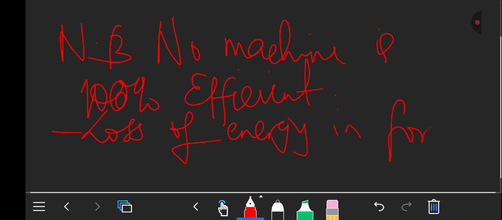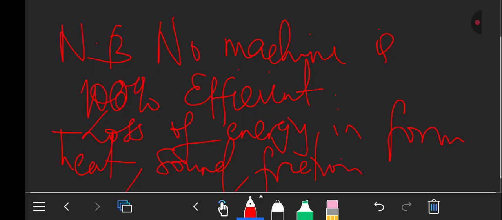Some machines are able to lose energy in form of heat. Some lose energy in form of sound. Some lose energy in form of friction. Some lose energy due to light. For example, a bulb. When a bulb is lighting up, it is able to convert energy into light, and it's also able to convert energy into heat.